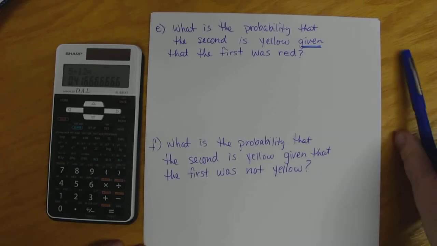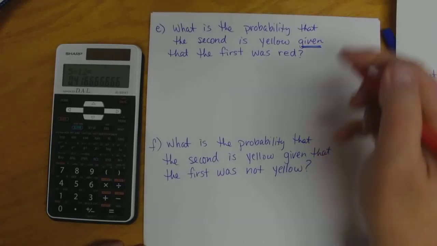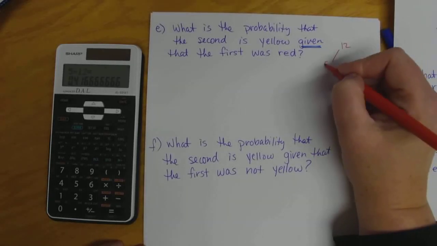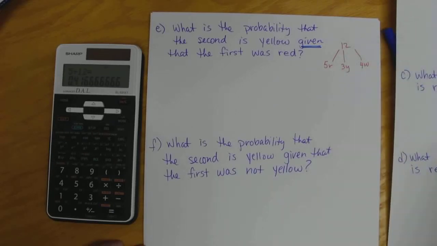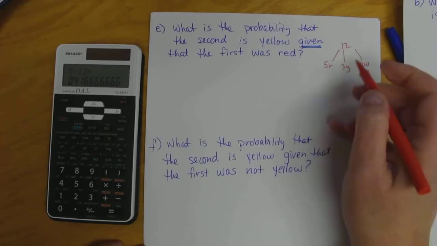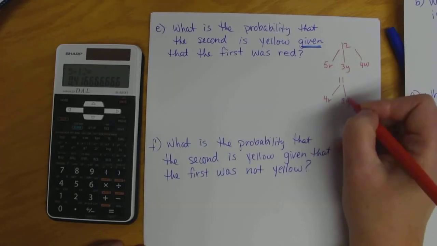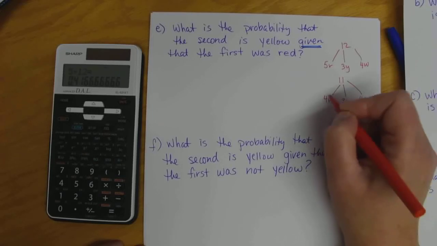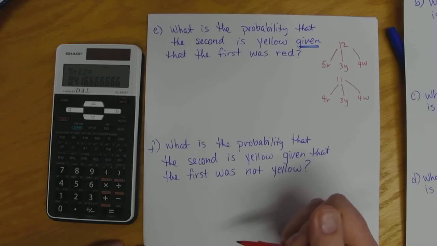So if we know that a red is gone, let's get our little tree here. There was 12 originally. 5 were red, 3 were yellow, and 4 were white. So we know that a red is gone. So now instead of this, we're looking at 4 are red, 3 are yellow, and 4 are white, because one of them is gone, and then there's only 11 now. And that's what it is.